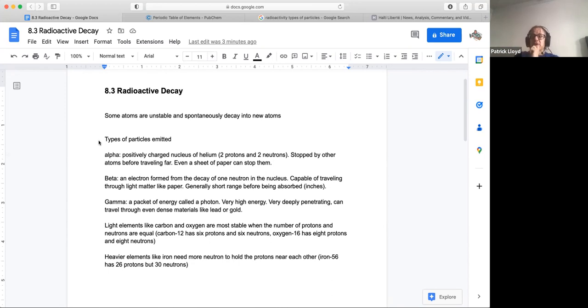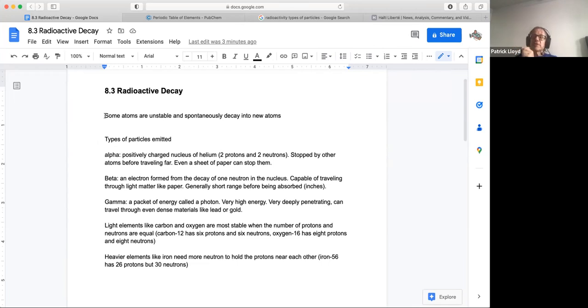Now we know a lot about radioactivity. The cause of it is that some atoms are just inherently unstable. And over time, they spontaneously decay into new atoms, okay? So for example, a uranium atom can spontaneously decay into a thorium atom, a different element in the periodic table.